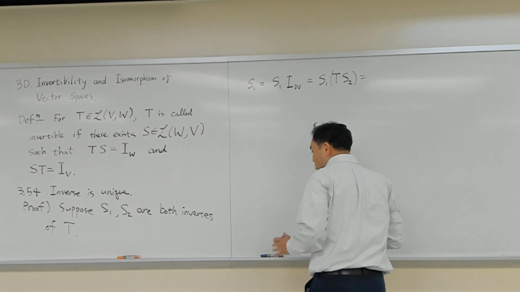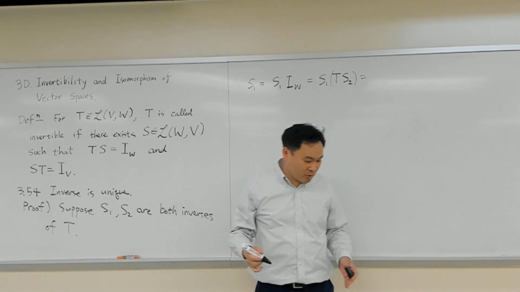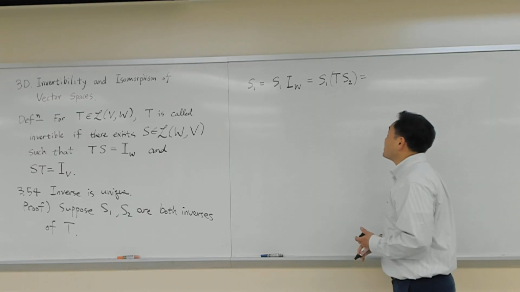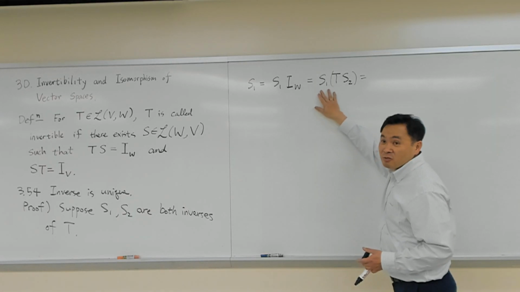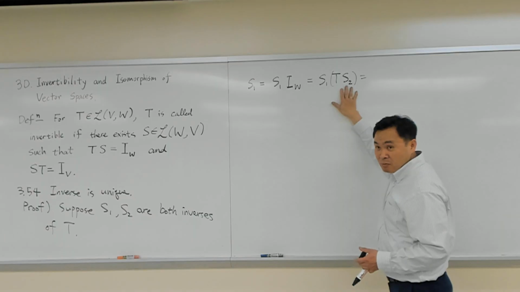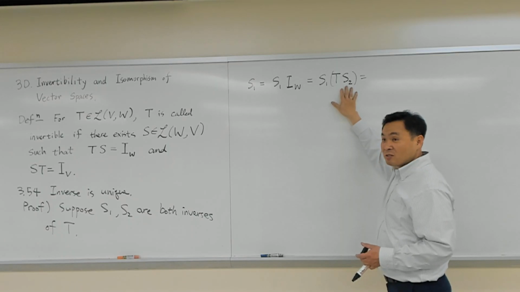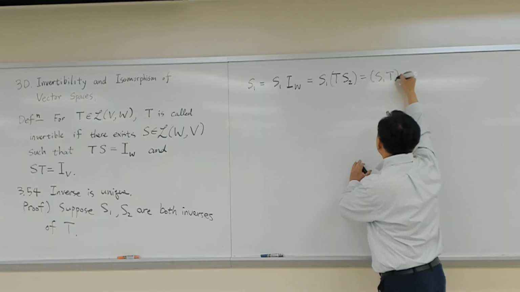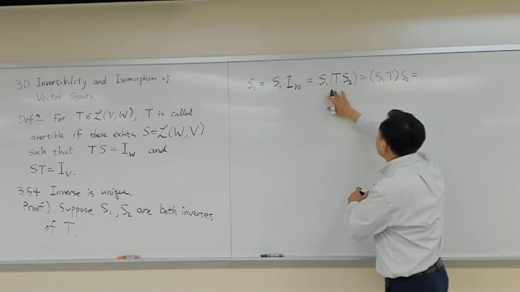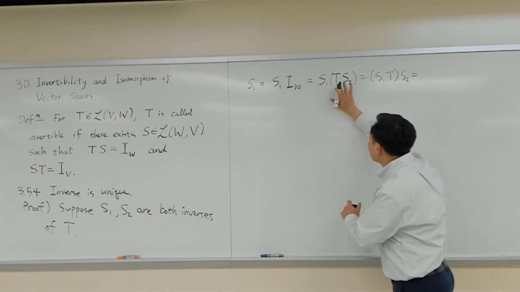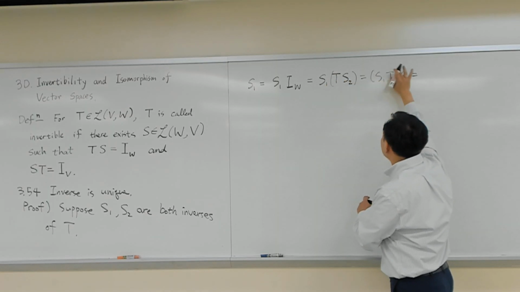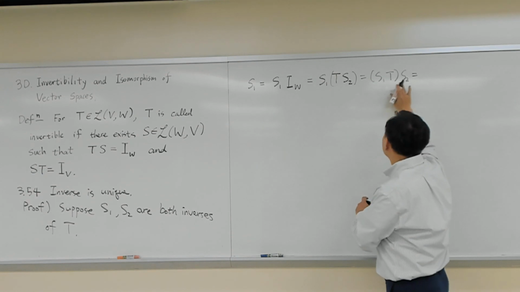And then we use a property that we proved some time ago, which is that when it comes to composition of linear maps or multiplication of linear maps, then associativity holds. So S1 T S2 is same as S1 times TS2, parenthesis this way, is same as parenthesis grouping the first two and then S2.